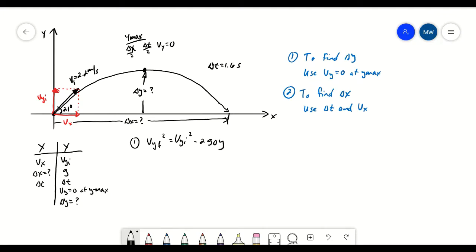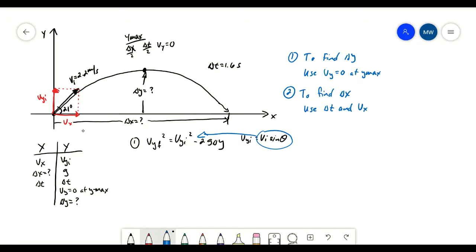Since we're launched at an angle, we know that Vy initial equals Vi sine theta. So we can do a little substitution here, and put that in.